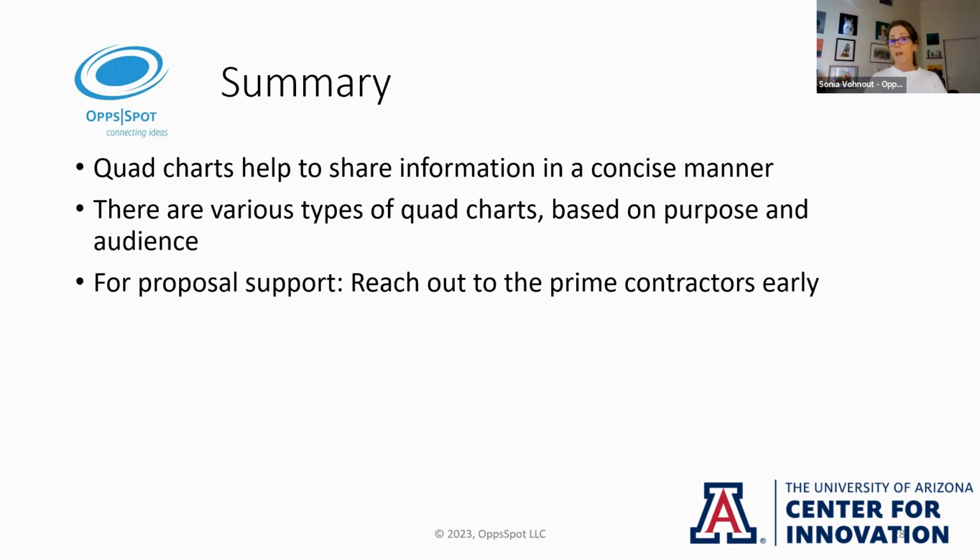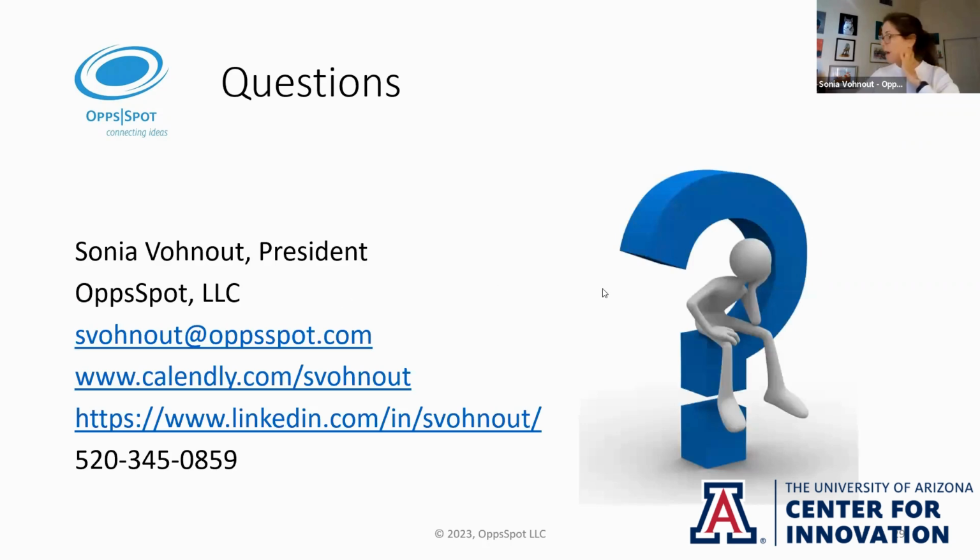That's why quad charts can become a really good tool for you to use, for them to be hooked on what you're doing, and then give you the letter of support or discuss partnership opportunities. So that's what I have.